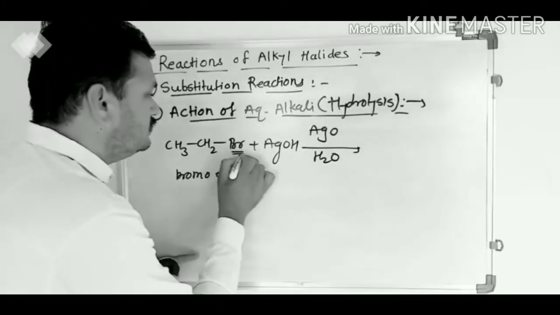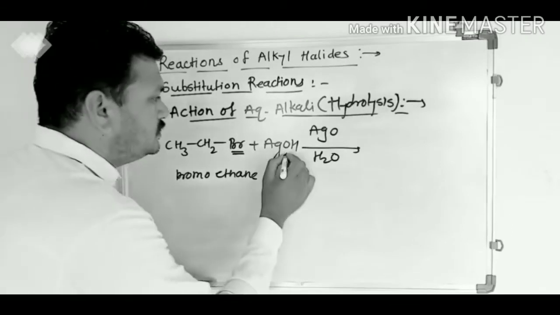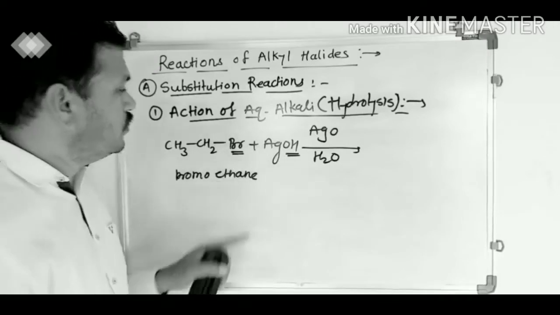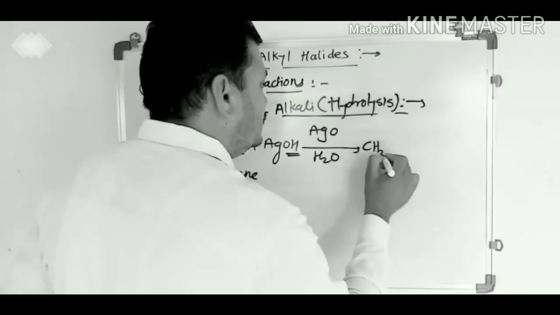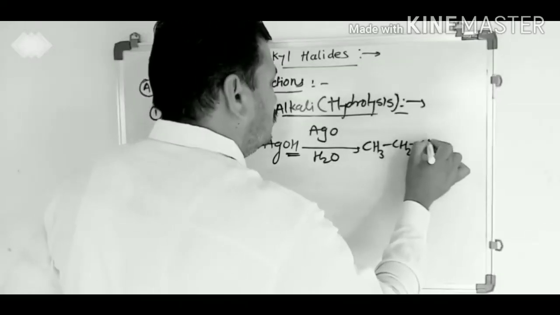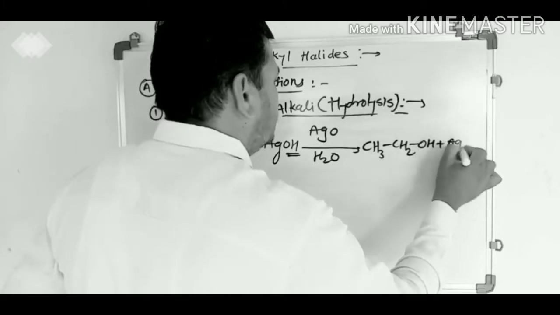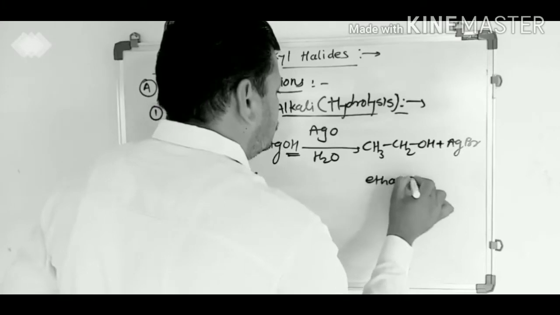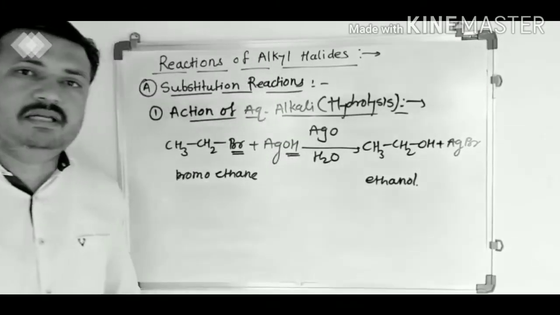This bromine is a leaving group and this OH is a nucleophile. This bromine atom is replaced by this OH group, and we get the respective alcohol plus AgBr. It is ethanol. It is the first reaction of alkyl halide.